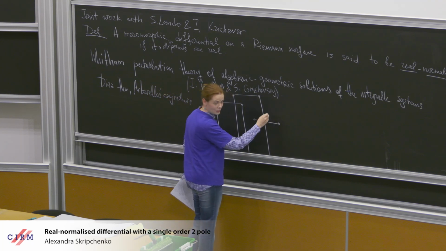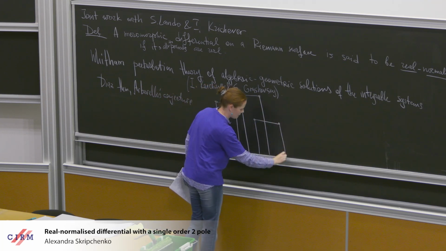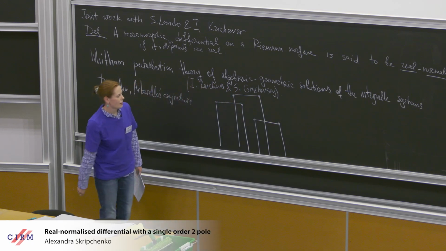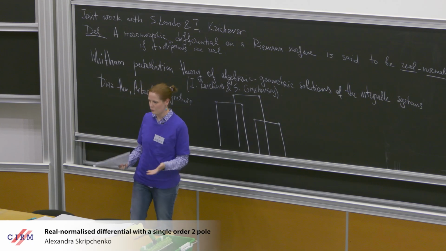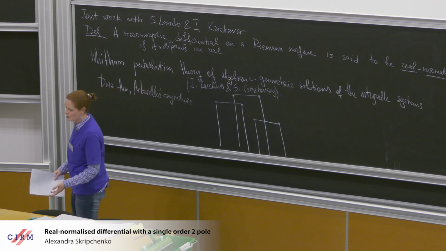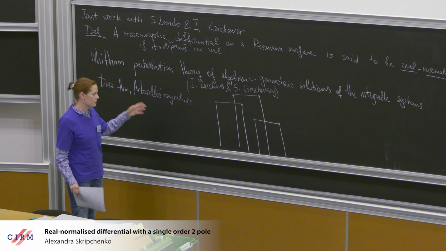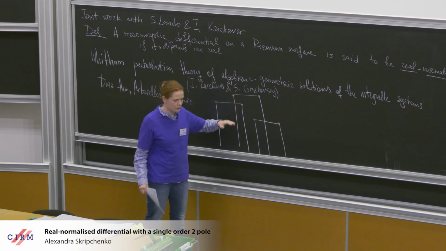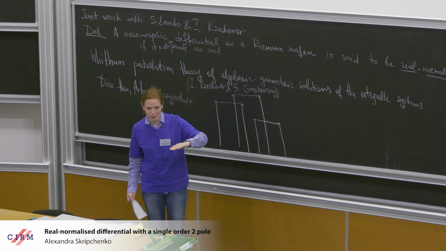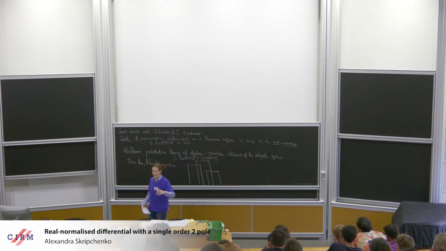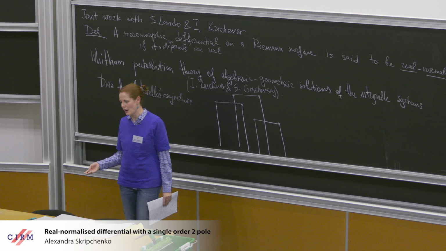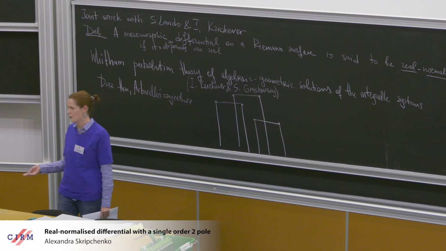I hope, Jadev, that it's more explicit now once we see the situation. And also it's true that if we are given such a picture, where each couple lives on the same horizontal level, but different couples live on different levels, and we have all these cuts, there is a way to construct the surface with a real normalized foliation, a real normalized differential on it.